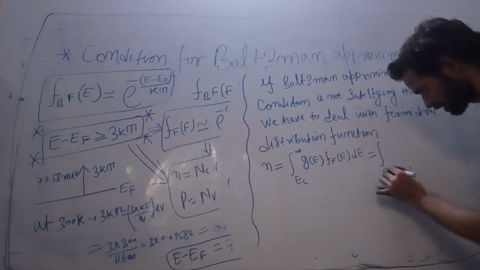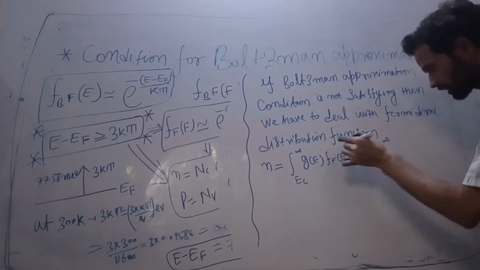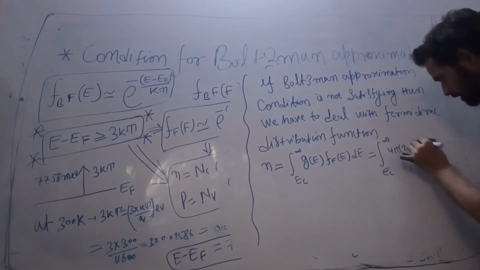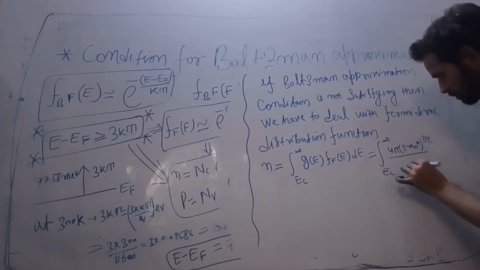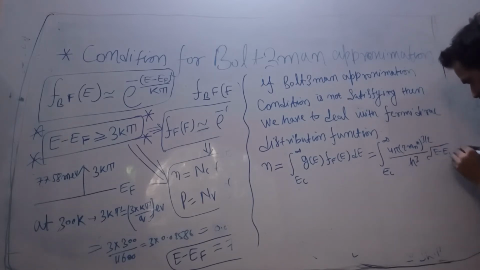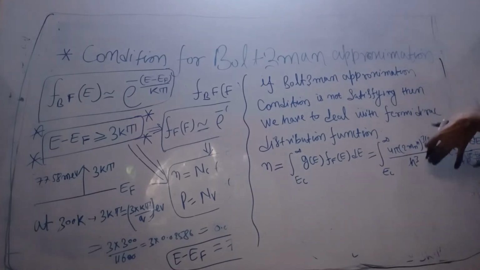Integration EC to infinity. g(E) is 4 pi (2 m_n star) to the power 3 by 2 divided by h cube, times the square root of E minus EC, into 1 by 1 plus e to the power (E minus EF) by kT, dE.